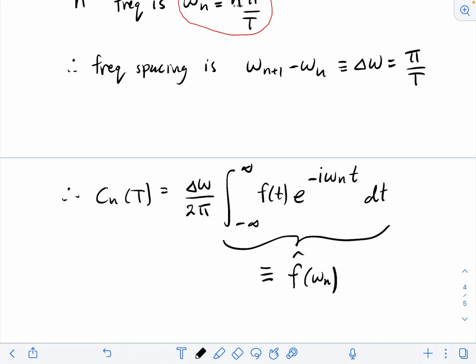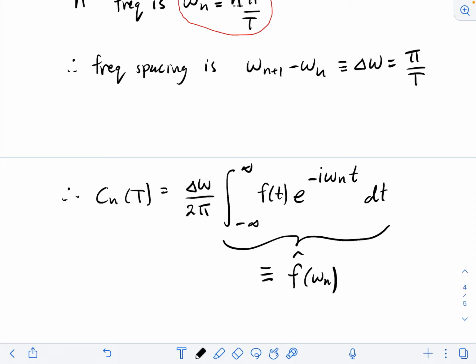So evaluating this integral of a function of time with respect to time is going to leave us with a function of omega n. So it's a way of converting from a time domain picture to a frequency domain picture, and that's the essence of Fourier transforms.